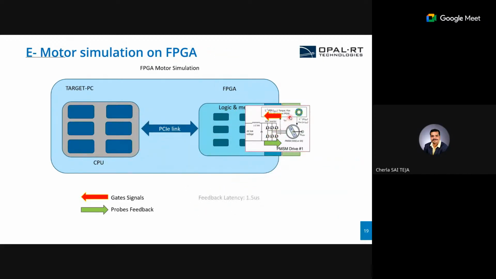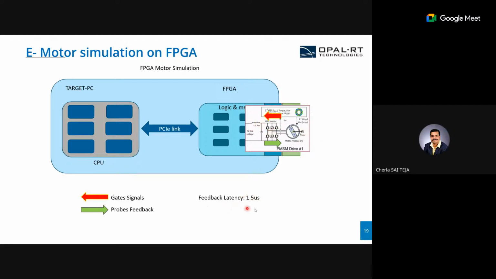Whereas when we run the same powertrain model on an FPGA processor, as the model is running on the FPGA, it can be directly sent to the IOs and to the external controller. There is no time delay for taking the data from the CPU to FPGA and then from FPGA to IOs. All this will be eliminated. The data will be taken from the FPGA directly and sent to the external controller, and the feedbacks as well, or whatever the response from the controller, it will be directly read on this IO and then given to the converter which is running on the FPGA.